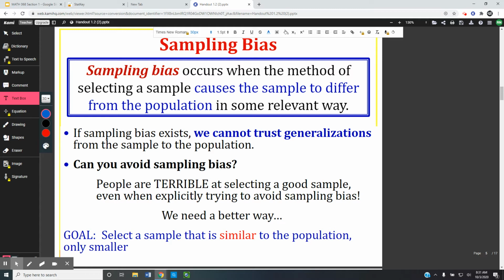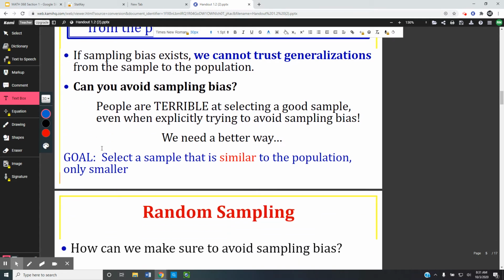In sampling bias, we cannot trust the generalizations, and the generalizations are what apply to the larger population. It says people are terrible at selecting a good sample. Even when we explicitly try to avoid the bias, we are not good at it. We just can't avoid it. It's human nature, and we'll talk about the different ways it's human nature in a second.